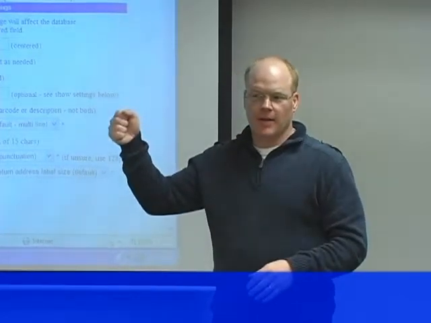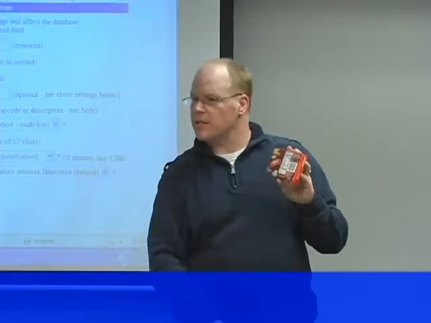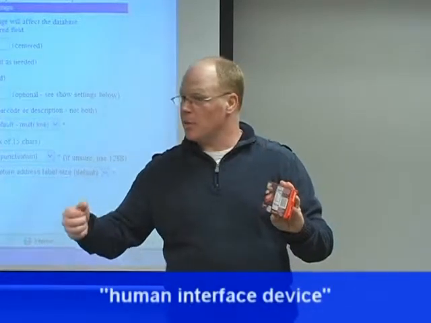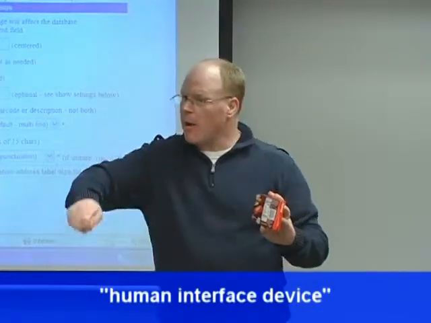Do you know what a barcode does? Here's a physical barcode, and it has a big old long number. This is 12 digits. So what a barcode does, it's a human interface device, very similar to how I was talking about a little card reader. The barcode reader is hooked to the computer.